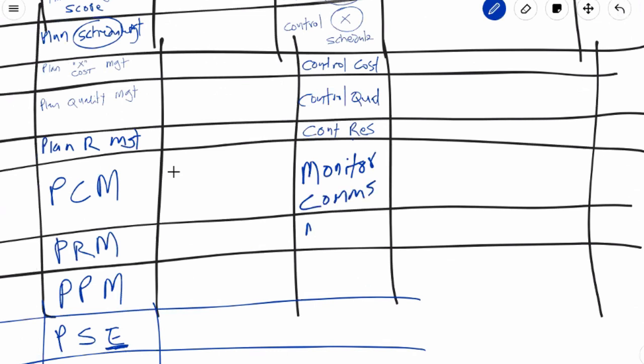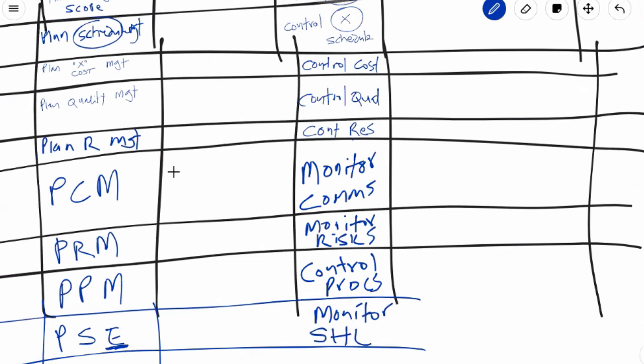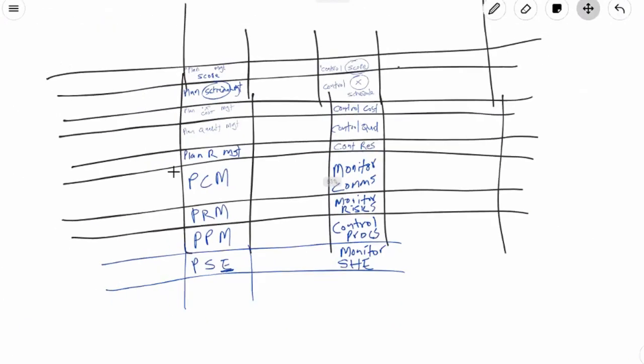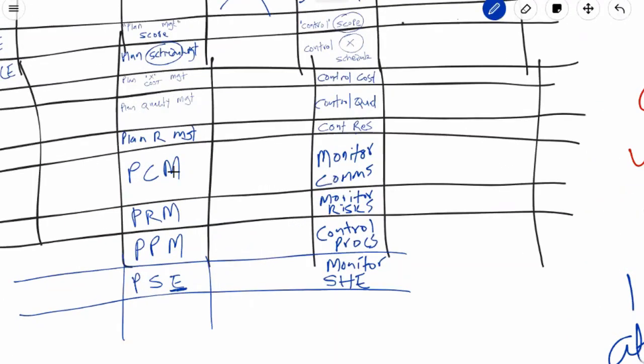We're going to monitor risks, and we're going to control procurement, and we're going to monitor stakeholder engagement. So you can see, if you take a look out here, that those that have the monitor clause are towards the bottom of the chart.